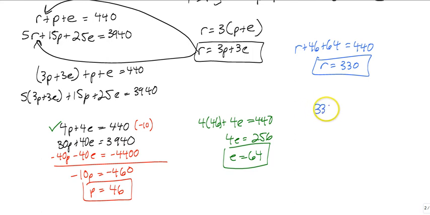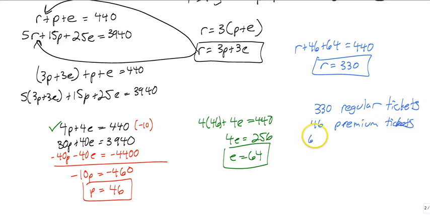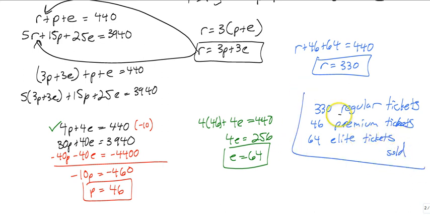There was 330 regular tickets. There was 46 premium. And of course there were 64 elite. So that would be my final answer.